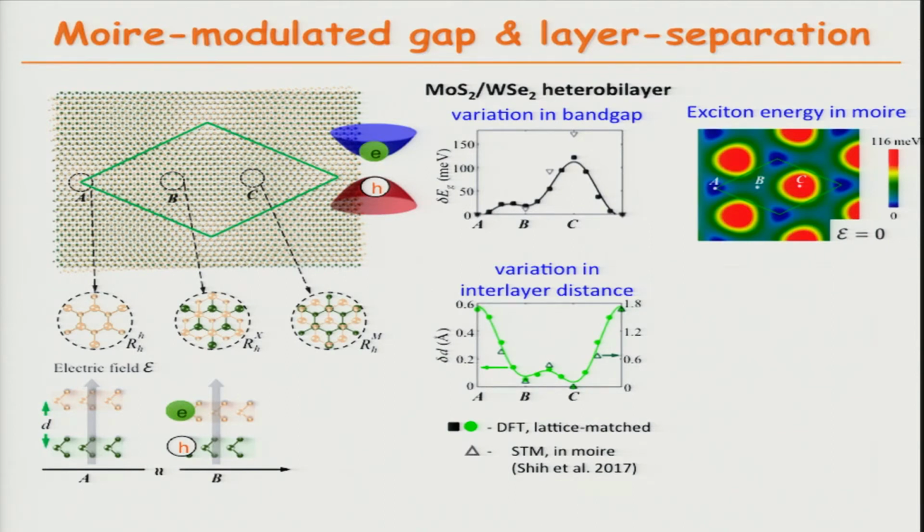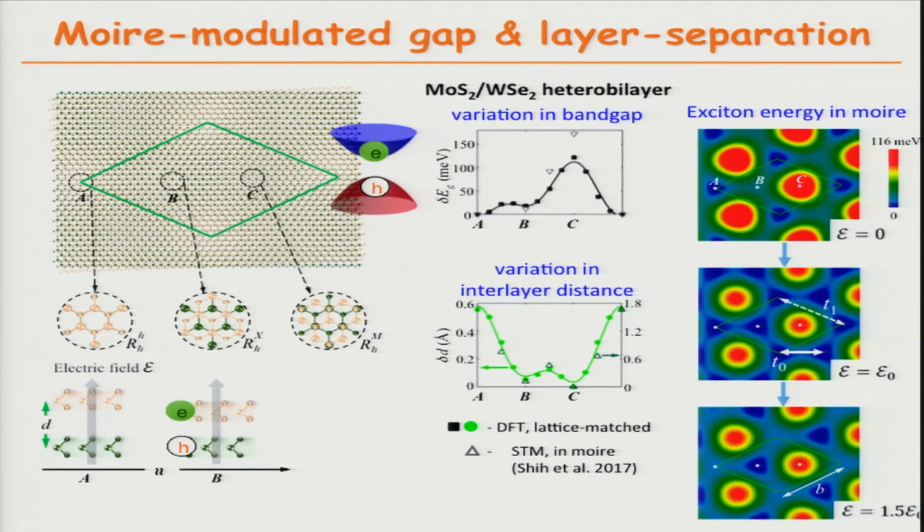That means if you apply an electric field, an interlayer bias, you can also tune this energy profile from this triangular lattice to the other triangular lattice, with the minimum shifted from the A point to the B point. And this middle configuration is what we thought to be most interesting, where the energies of these A and B regions become equal, and that gives rise to a honeycomb lattice.